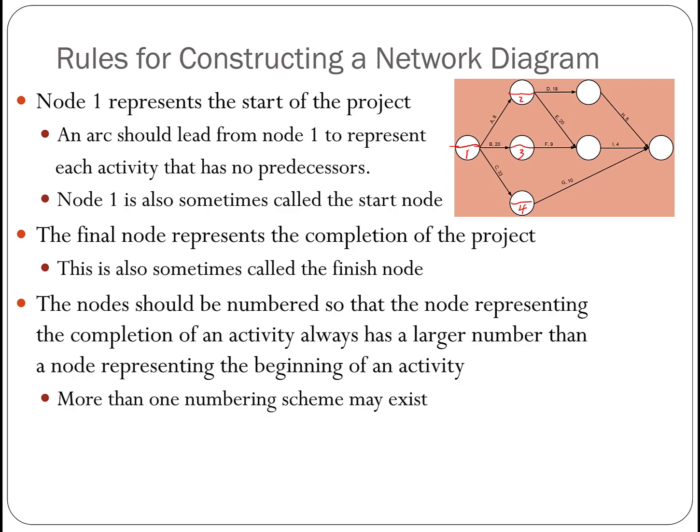So you see that this node 2 is the completion of activity A, and it is greater than this 1 here, which represents the starting of activity A. Similarly, nodes 3 and 4 are larger than this 1, representing the completion of activity B being larger than the beginning of activity B, and C the same.